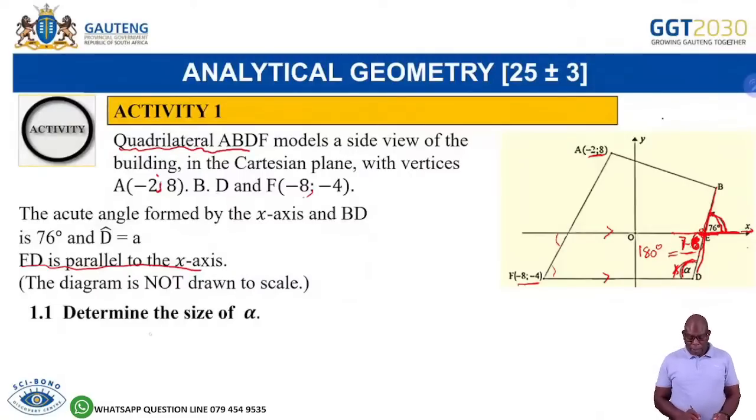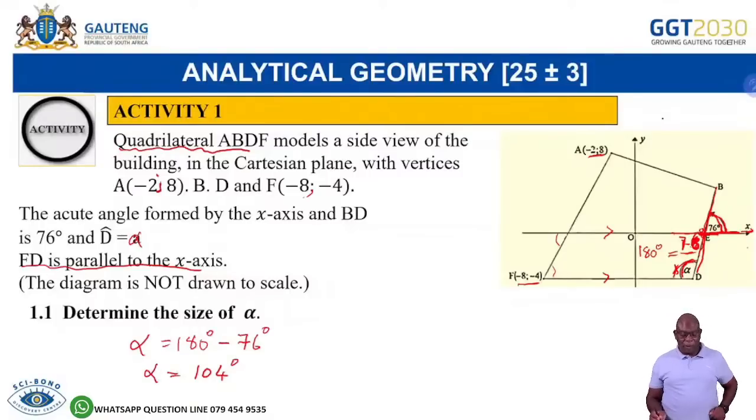So the angle alpha that they're talking about here will be 180 degrees minus 76 degrees, which is 104 degrees. I don't need to give a reason for that, there's nothing that says I must give a reason. I just need to calculate it. So that angle there is 104. Can you see I did not use tan theta or alpha equals m, because that angle is far away from the x-axis.